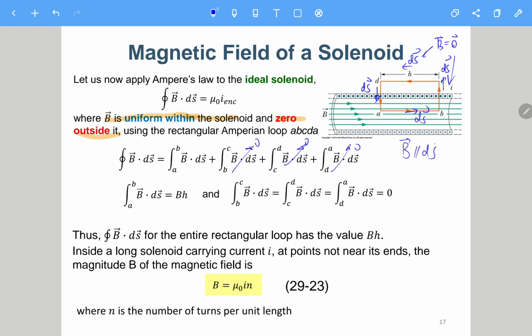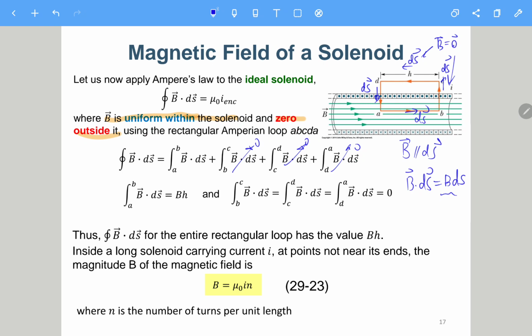B and ds are parallel, which means B dot ds is nothing but B times ds. And B is also uniform.